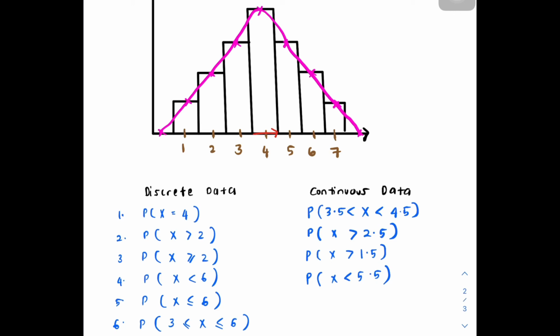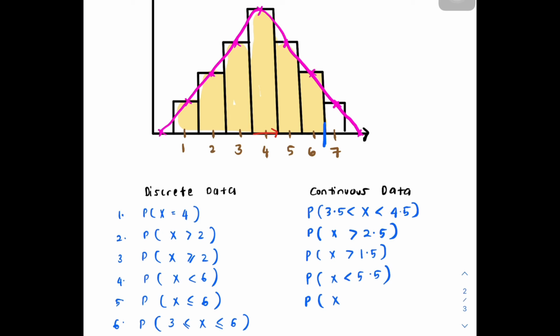Look at number 5. You have x less than or equal to 6, meaning that bar number 6 is included and below. So these are all the included values. Then how can you write it for continuous data? Continuous data actually starts from here.